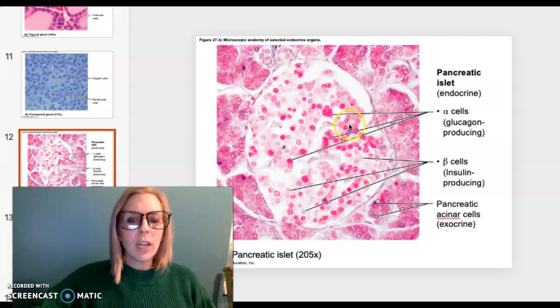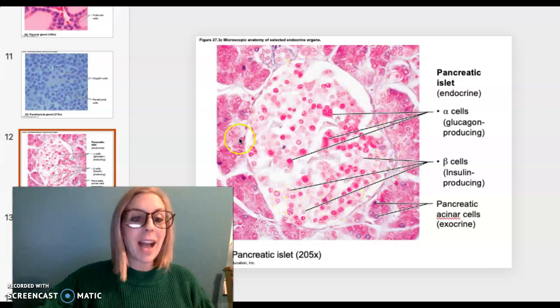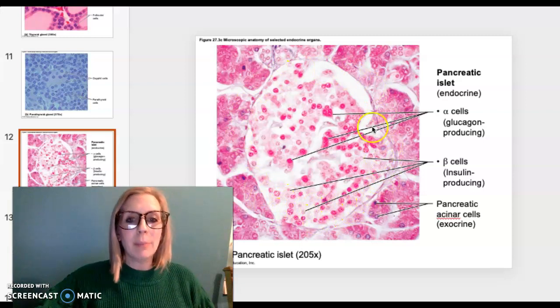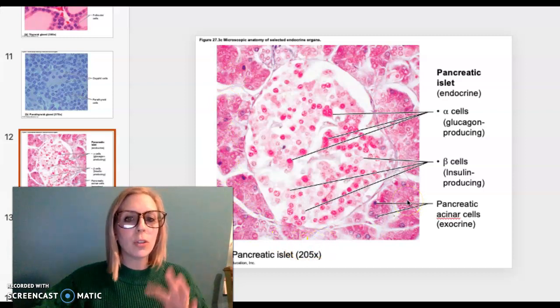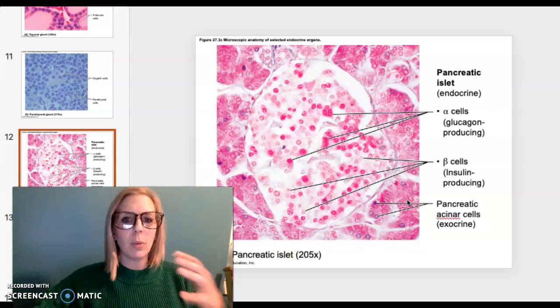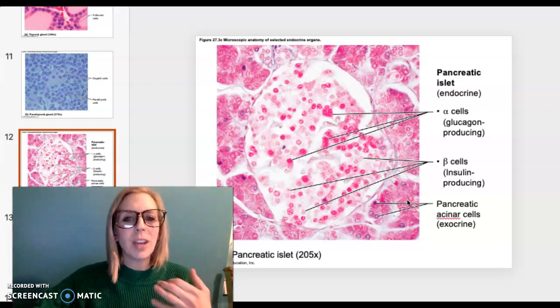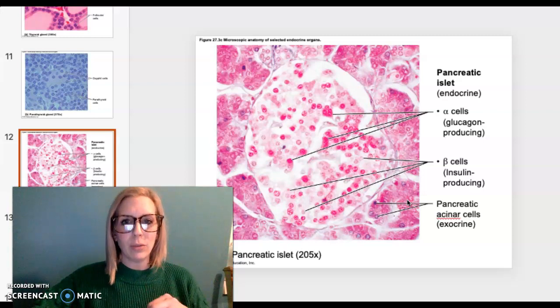Now, the endocrine pancreas is going to be this pancreatic islet, okay? And this pancreatic islet, or this endocrine islet of the pancreas, will be surrounded by that exocrine tissue. Now you can see the difference. When we zoom out a little bit, you can also see those islets scattered around.